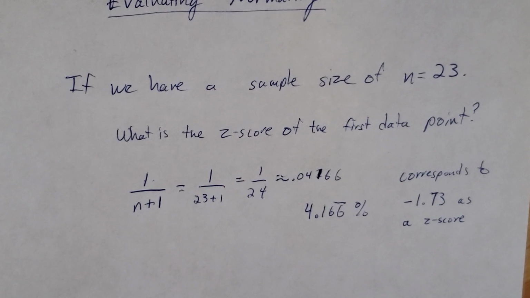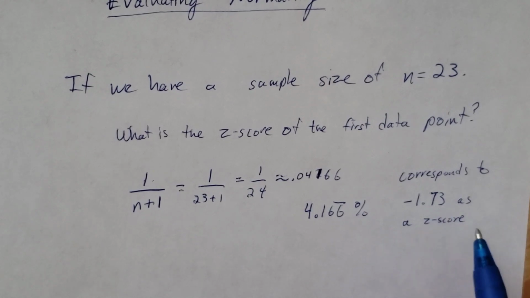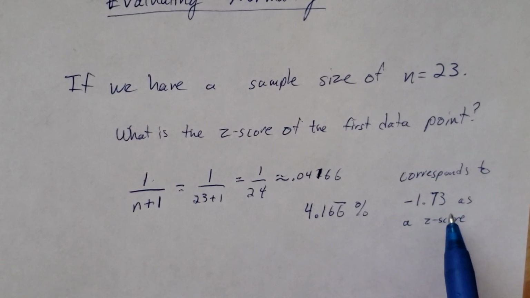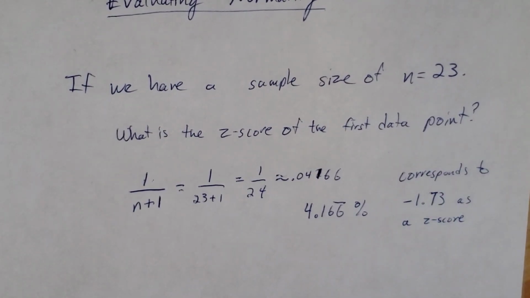You would calculate the z-score of that, and you would see how close that is to negative 1.73. Now, it's probably not going to be exactly that value, but perhaps it's negative 1.8 or negative 1.62 or something like that. And if it's around that area, then maybe it's close to this value.